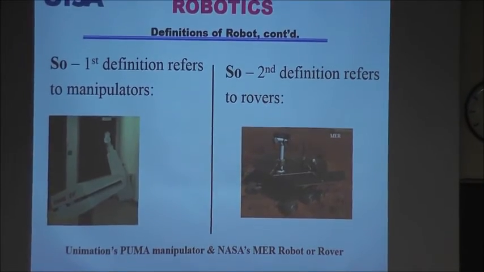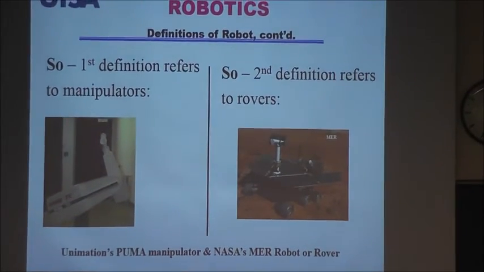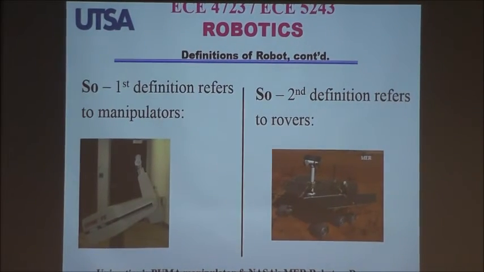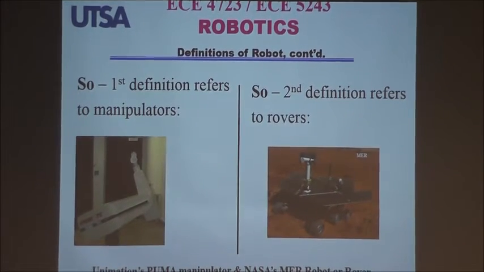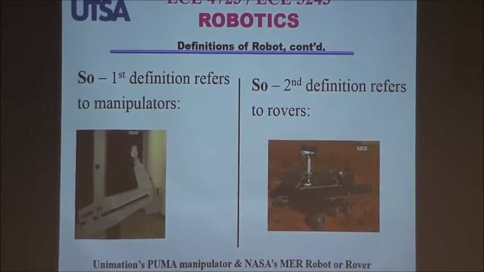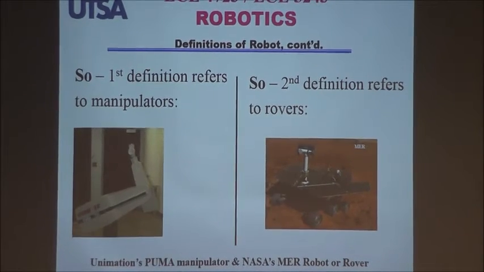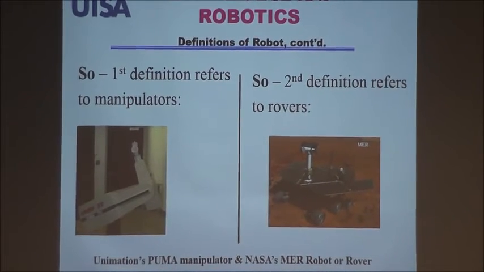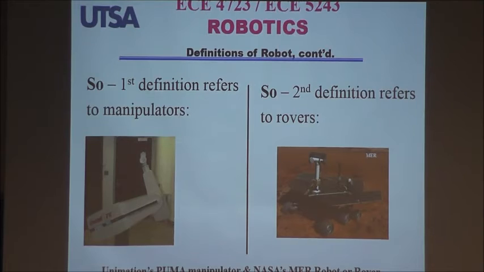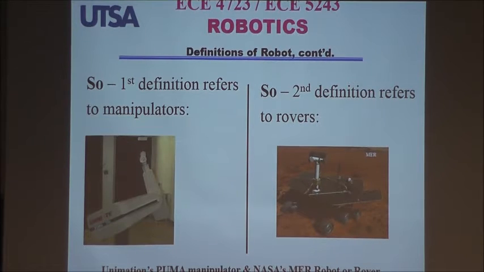Here are the two definitions. On the left, you see a manipulator, which is one of the original Unimate Puma robots. And this is the Mars robot for the Caltech Jet Propulsion Lab, contracting with NASA. This is the actual one.